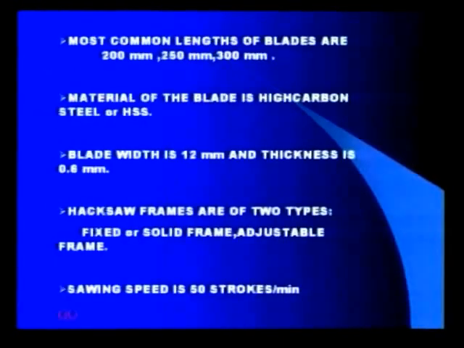Sufficient pressure should be applied in the forward stroke and relieved during return stroke because the blade cuts in the forward stroke only. It is important to use full length of the blade and sawing should be done at correct speed, which is about 50 strokes per minute.